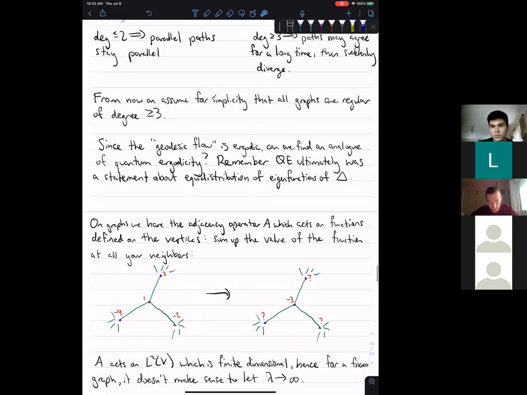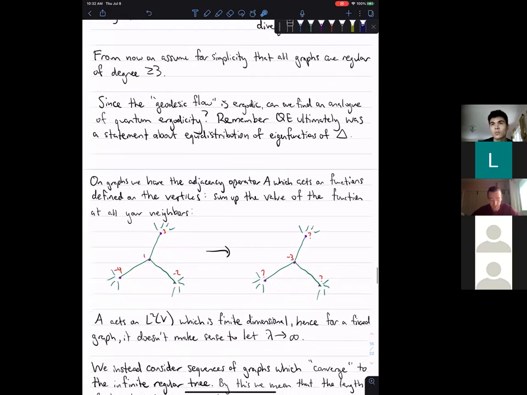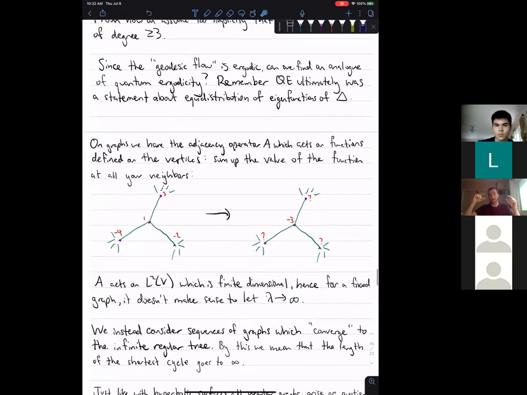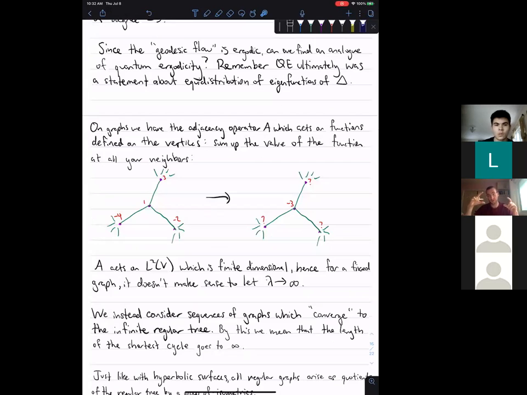So how does the adjacency operator work? It acts on functions defined on the vertices. What it does is it sums up at a given vertex the value of the function at all your neighbors. So if this is your vertex here, you apply the adjacency operator. I'm going to add up the value of the function at all my neighbors, and I'm going to get -3.